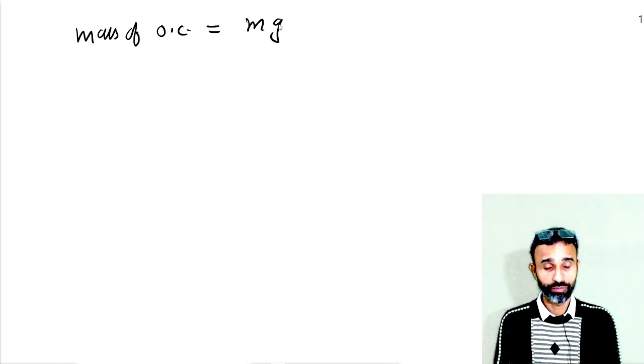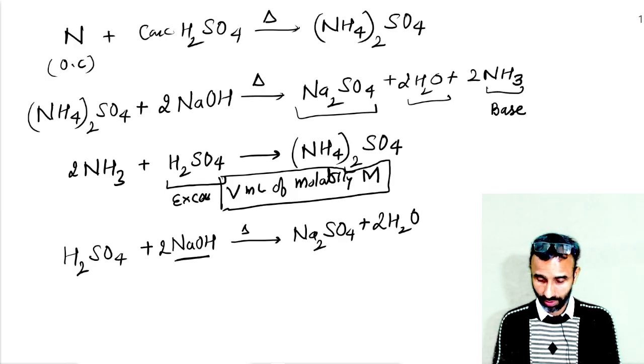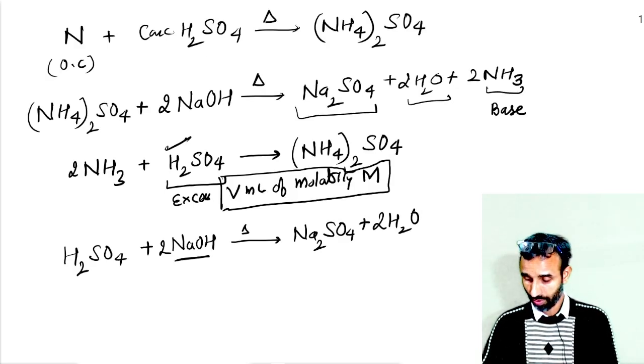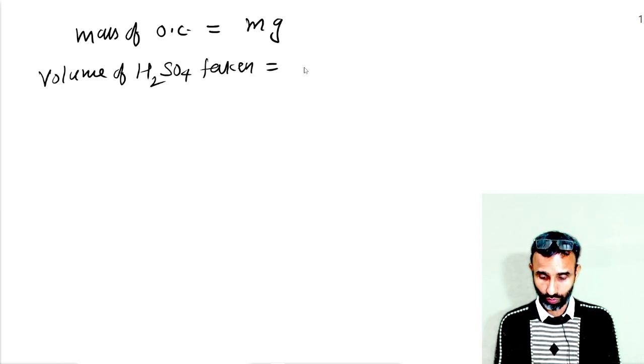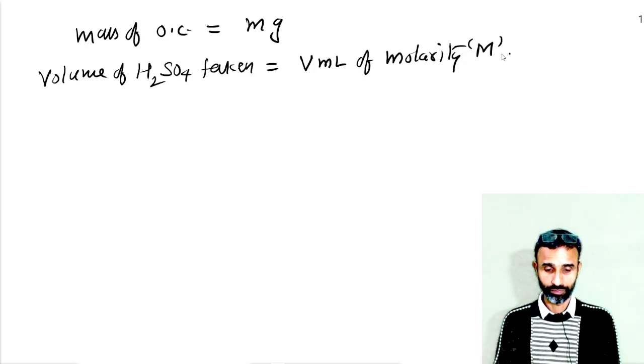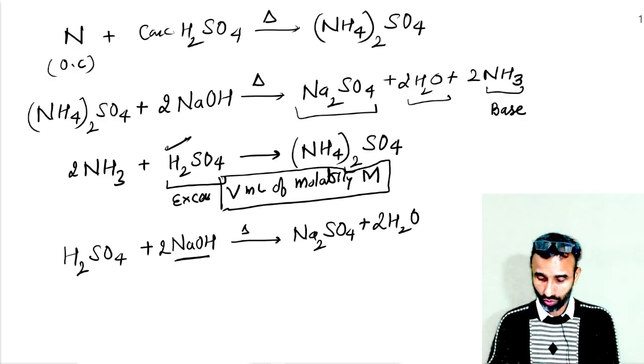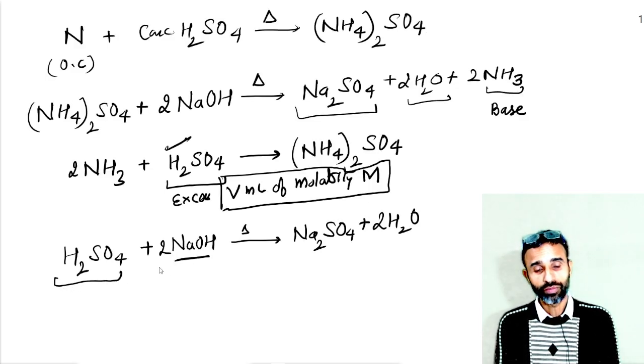Let us say the mass of the organic compound is m gram, and the volume of H2SO4 taken is V mL of molarity capital M. The leftover, unused H2SO4, to neutralize it we use NaOH.